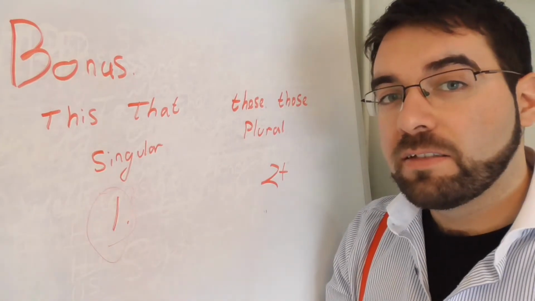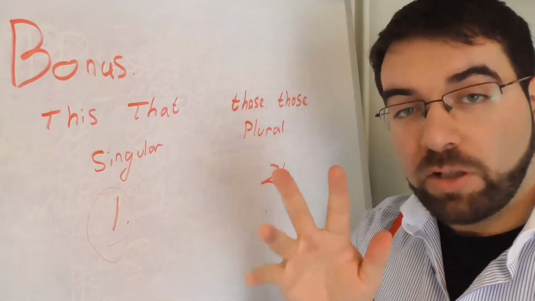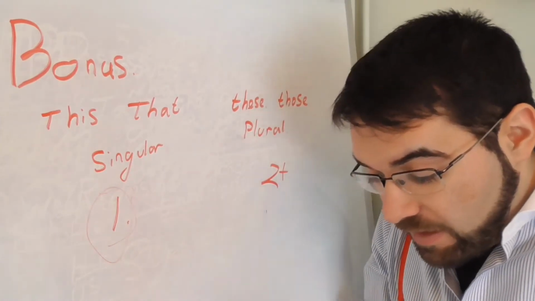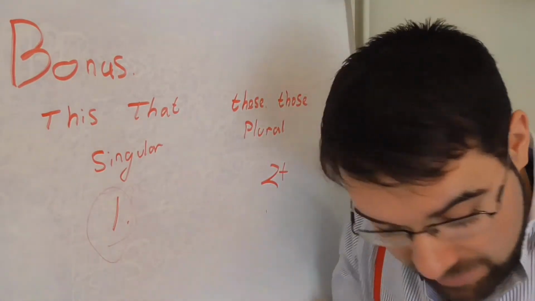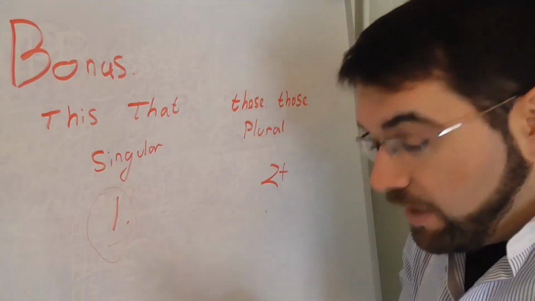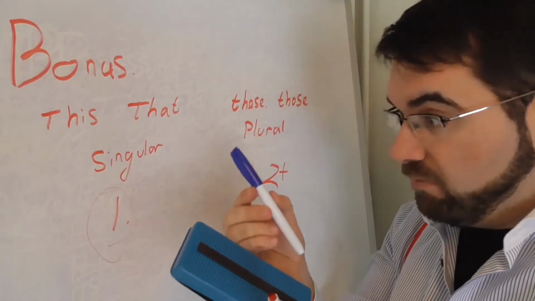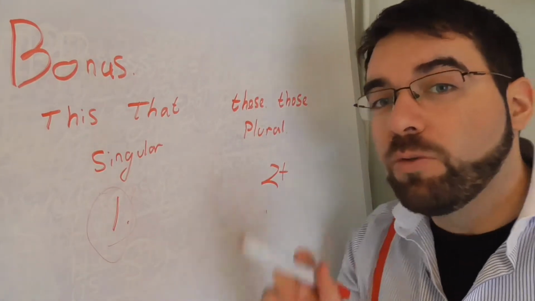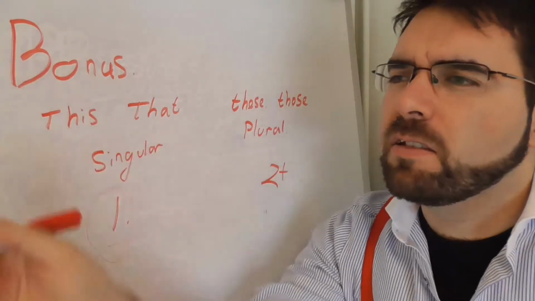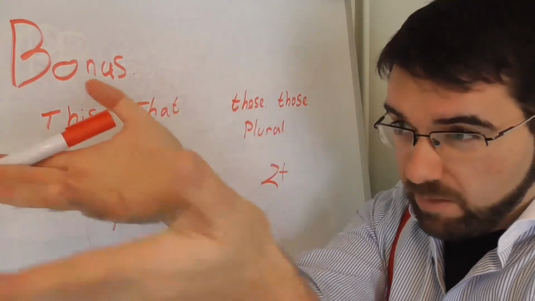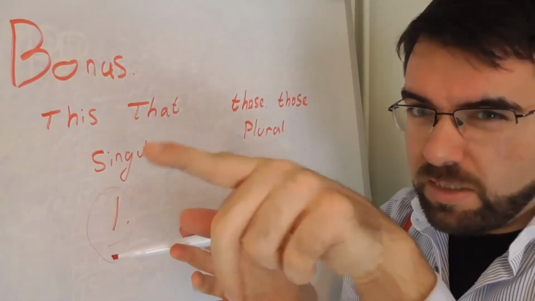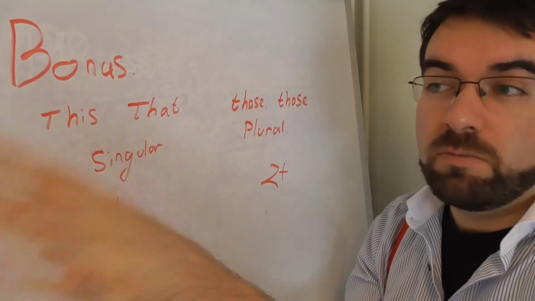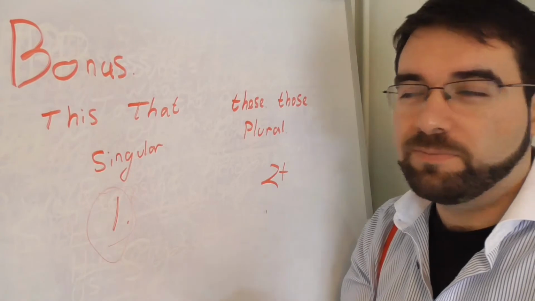But then these, so there's plural, 2 plus. Things right here, these things are mine. All these things here, these are mine. But then likewise, those over there, all those things over there, those are not mine. That's all that matters. They're somebody else's.